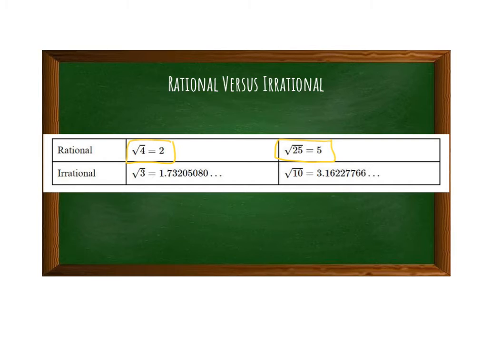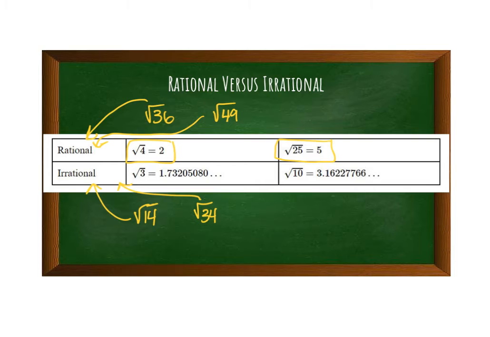Any numbers that are not a perfect square, when you try to take the square root of them, you get an irrational number, okay? So the square root of 14, like we calculated before, would be irrational. The square root of 34, which we did before, would be irrational. But the square root of 36, which we know is 6, is rational. Square root of 49, which we know is 7, is also rational, okay?